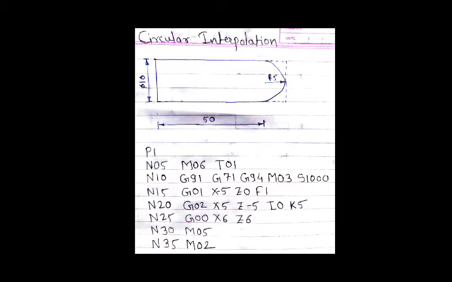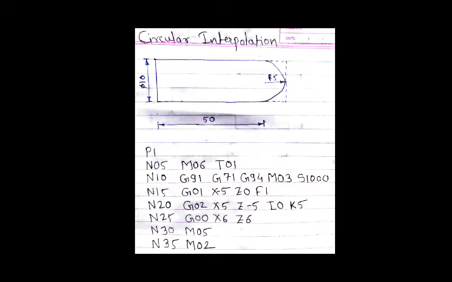We have taken N05, N10, N15. If you want, you can also take N1, N2, N3, N4, N5. But if there is any design change, we are supposed to use a new block in this program. To insert that block into the program, we have maintained this gap.